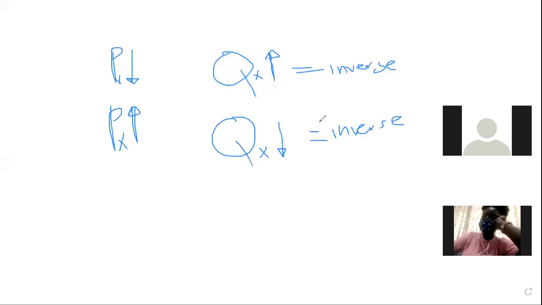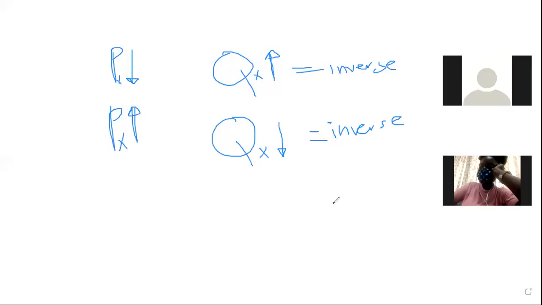Right? So please take note of this. As long as demand is downward sloping, or even if it is not downward sloping, it's upward sloping, whatever it is, substitution effect is always negative. When there's a price increase, the substitution effect will lead to a fall in quantity. When there is a price reduction, substitution effect will always lead to an increase in quantity.